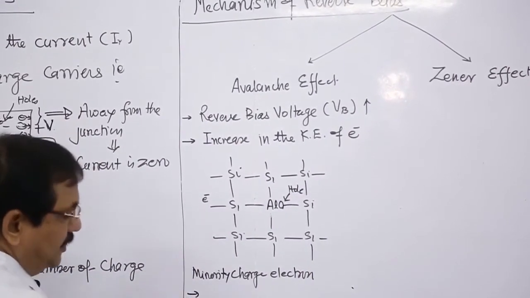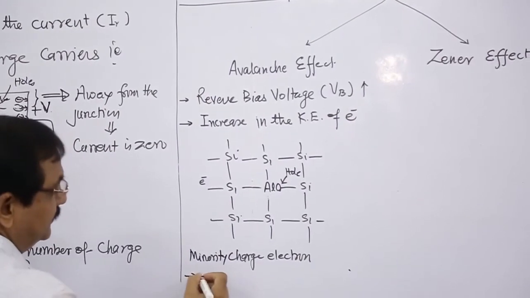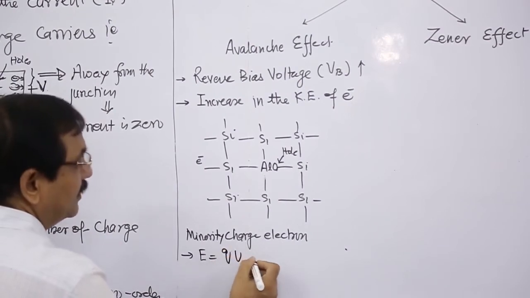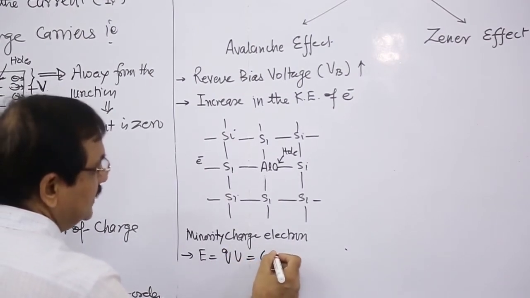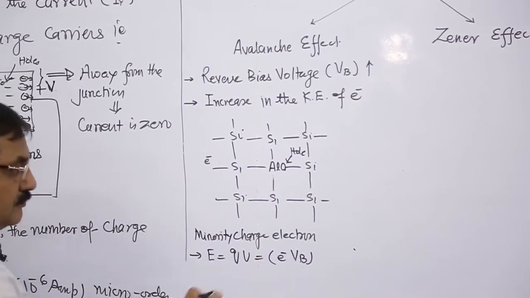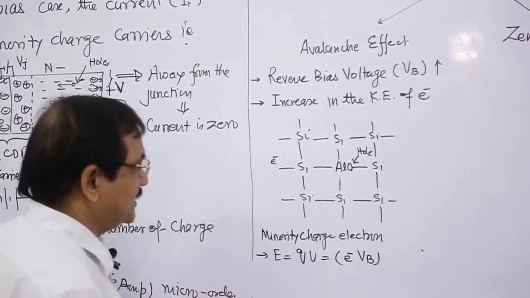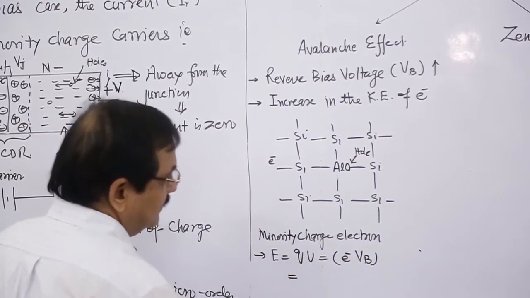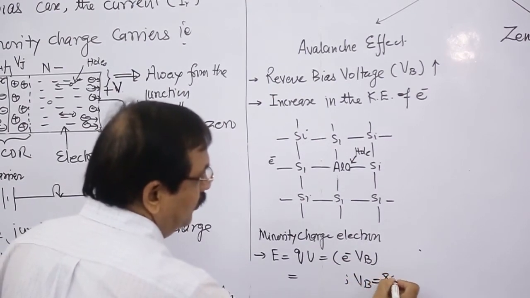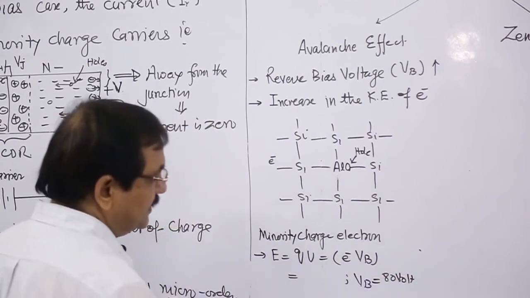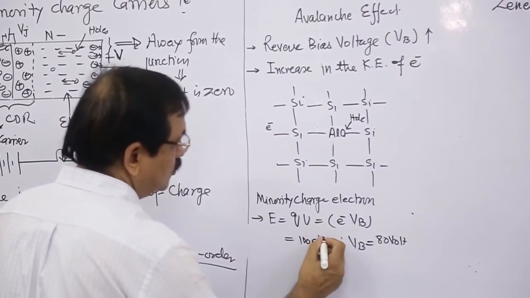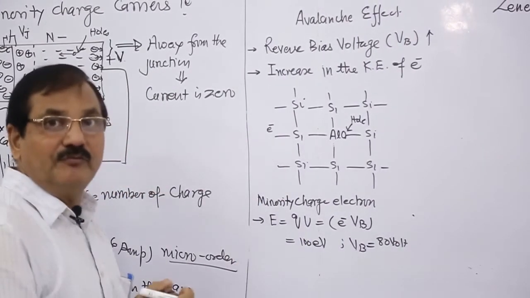Under potential, the energy E is equal to qV, that is minus e into Vb in case of electron. If Vb is 80 volt, this energy is 100 electron volt.